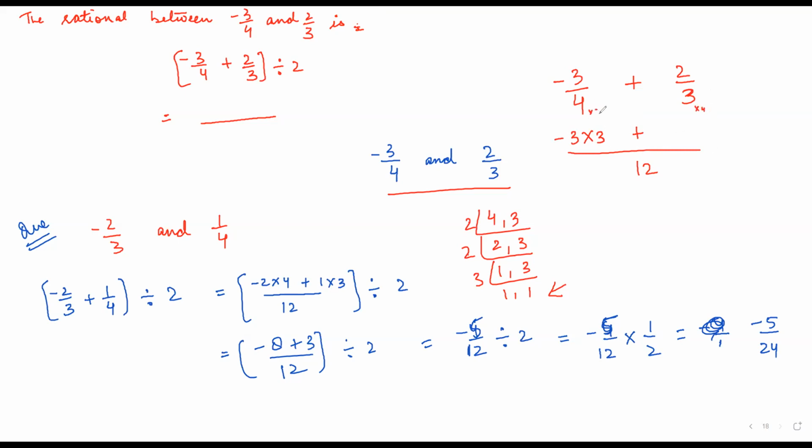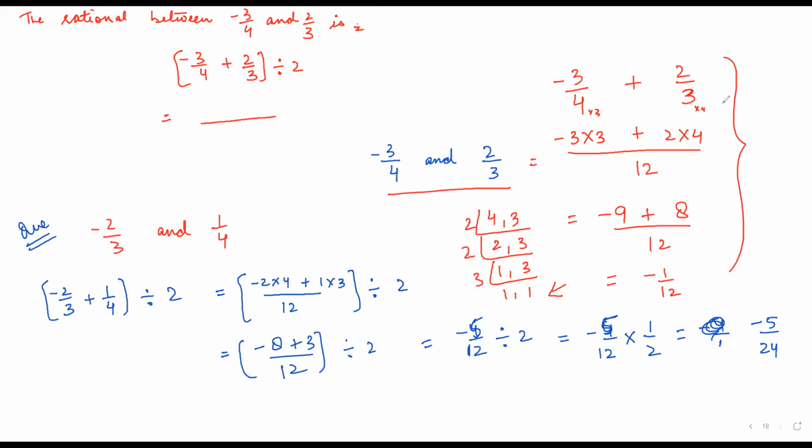Here it was going 3 times, so 4 will be multiplied with the numerator. So 2 into 4. Understood? So this becomes minus 3 into 3, minus of 9, plus 2 into 4 is 8, divided by 12. And that becomes minus of 1 by 12. This is how you are going to add it. Understood?